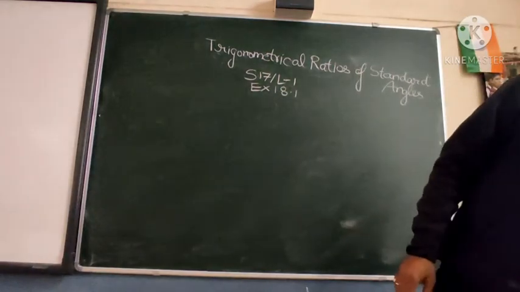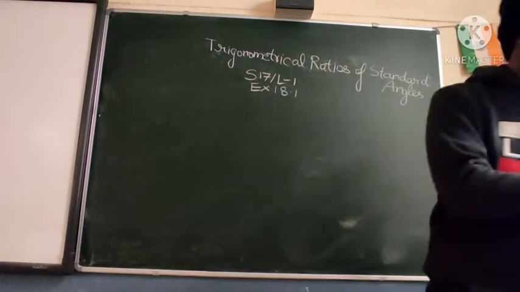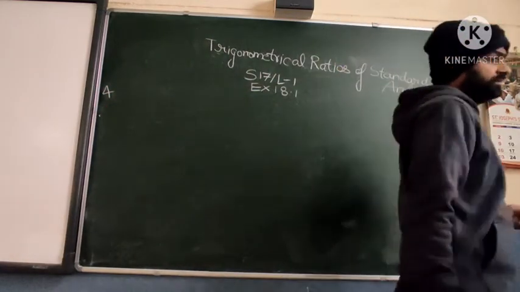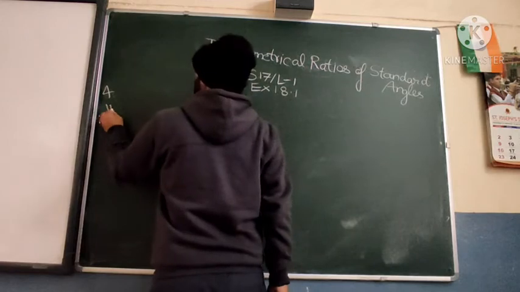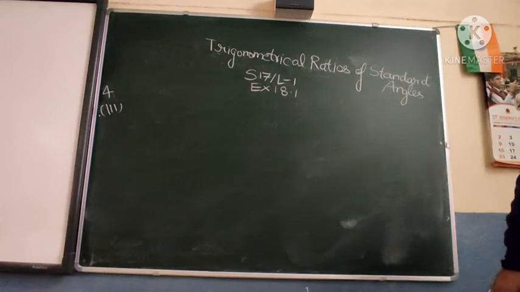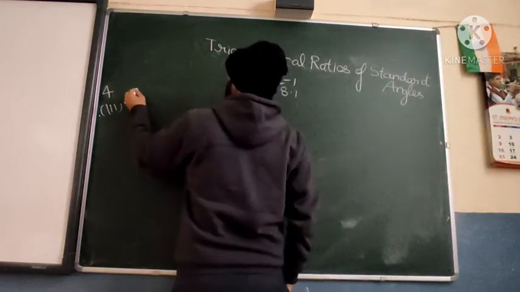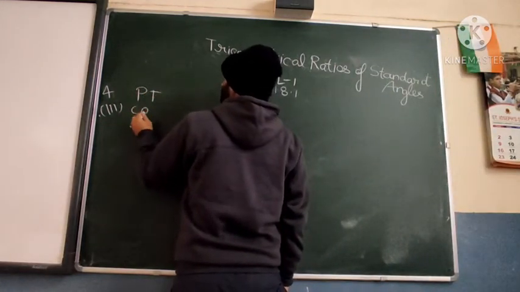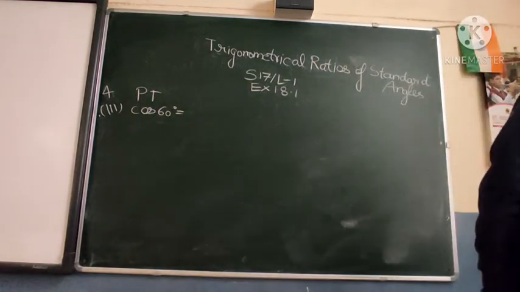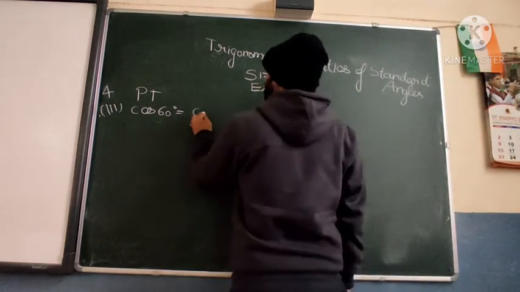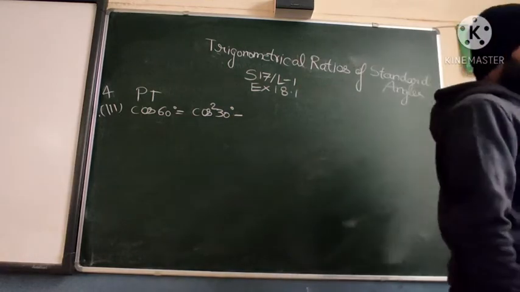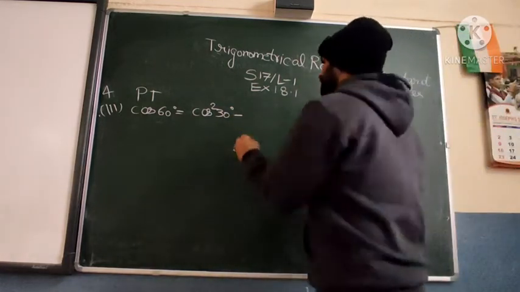It says prove that cos 60 degree is equal to cos square 30 degree minus sin square 30 degree.